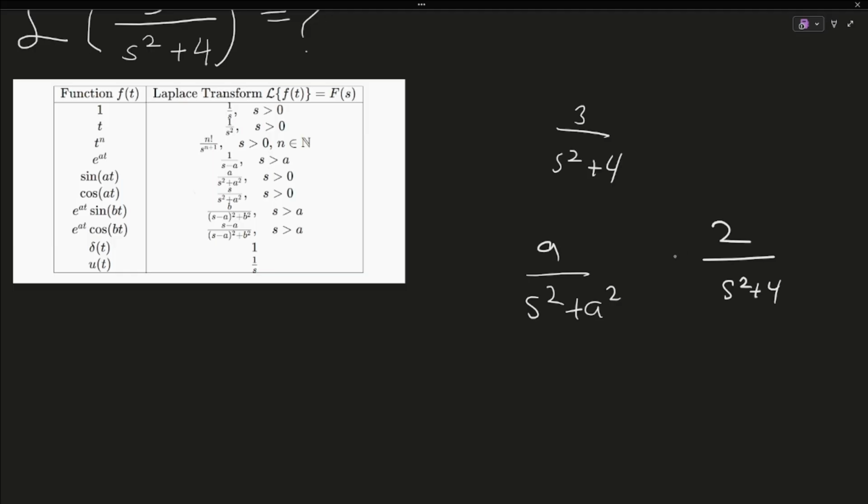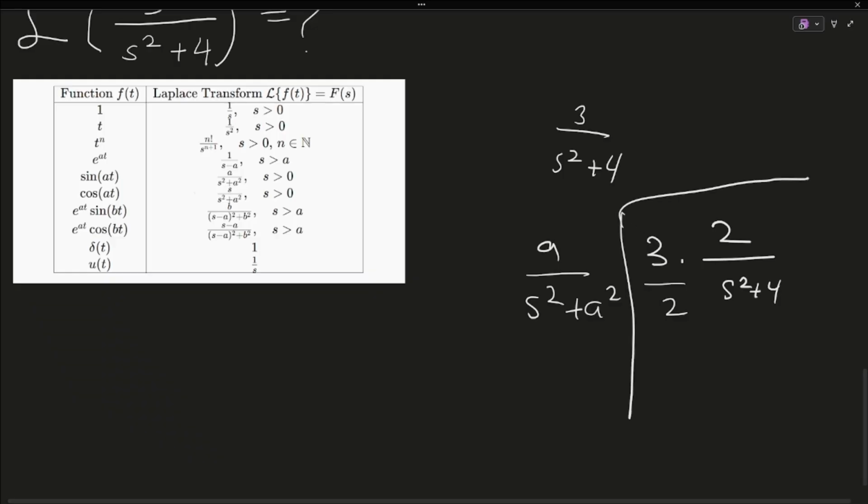In this case, we want to multiply by 3 over 2 to keep the balance. So we convert this 3 over s squared plus 4 into 3 over 2 multiplied by 2 over s squared plus 4. Once you make it look like this, we do have something like sine of 2t.